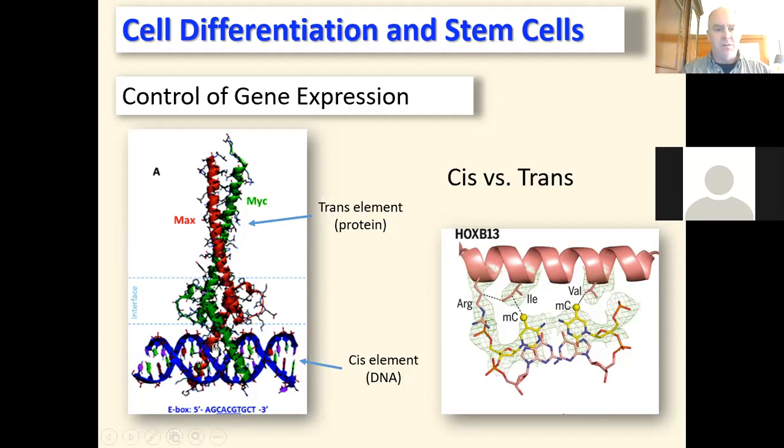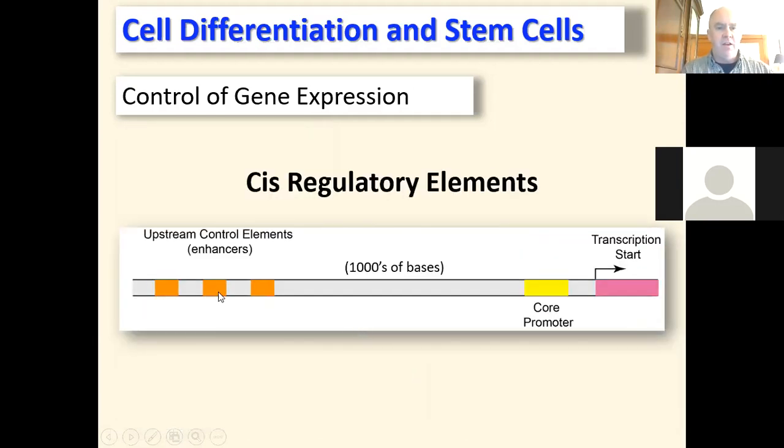But anyway, your cis elements are specific sequences of DNA, and they tend to be upstream of the core promoter. So the core promoter is the classic TATA box, and upstream of that are the control regions.